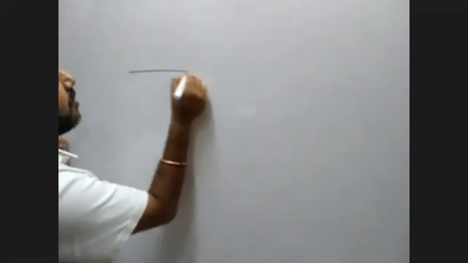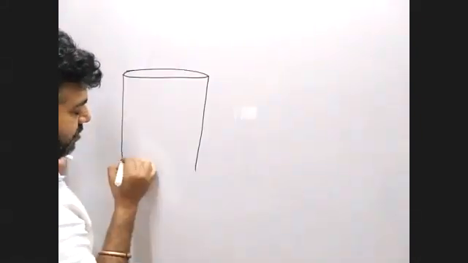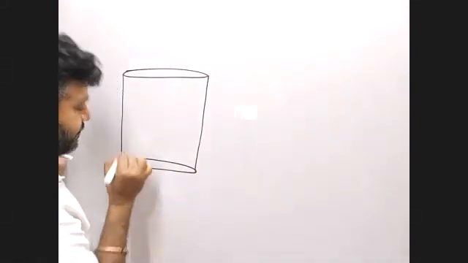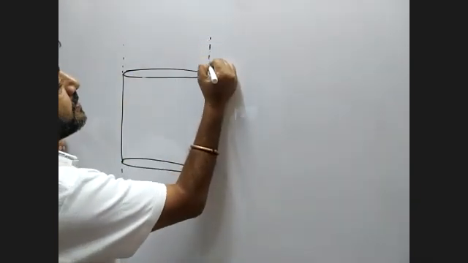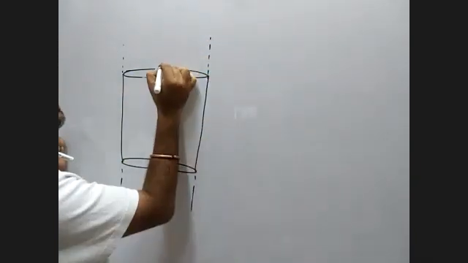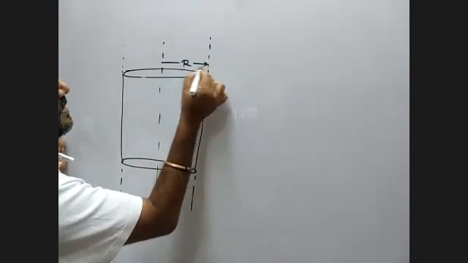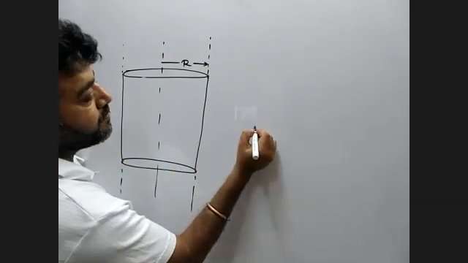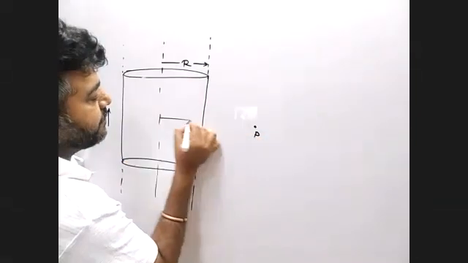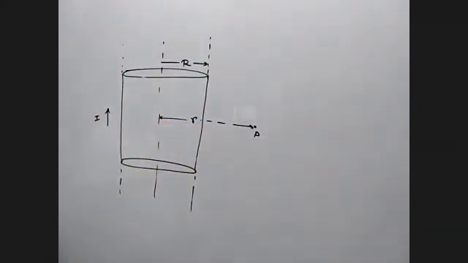So suppose you have an infinitely long hollow cylinder. The radius of the cylinder is capital R, and I is the current. Suppose P is a point which is at a distance small r from the infinitely long wire.